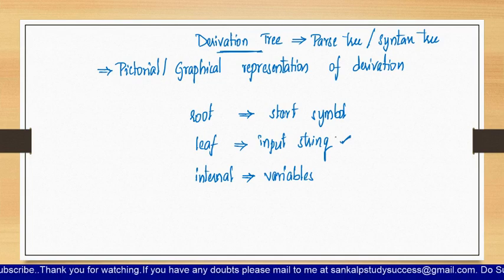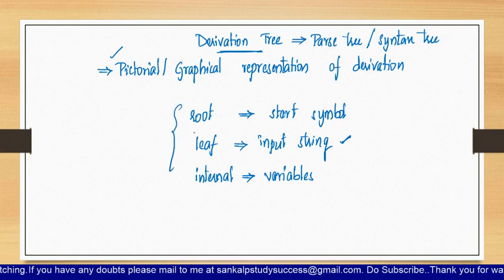So the derivation tree is the pictorial or graphical representation of derivation, also known as the parse tree or the syntax tree. In this tree we have the root node, which is the start symbol, the leaf nodes, which are the input string, and the internal nodes, which are the variables.